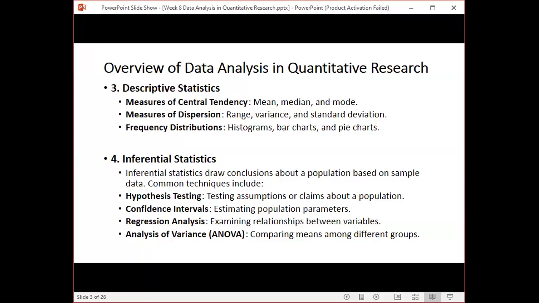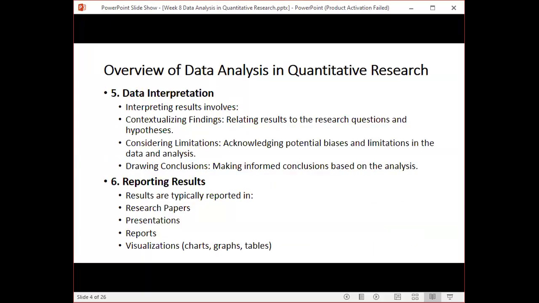Okay, those are some of the techniques that you can do. After you have described or done inferential analysis, you can interpret your data. So what result did you get? You have to contextualize your findings, all right? So relate your results to the research questions and the hypotheses that you sought to test.